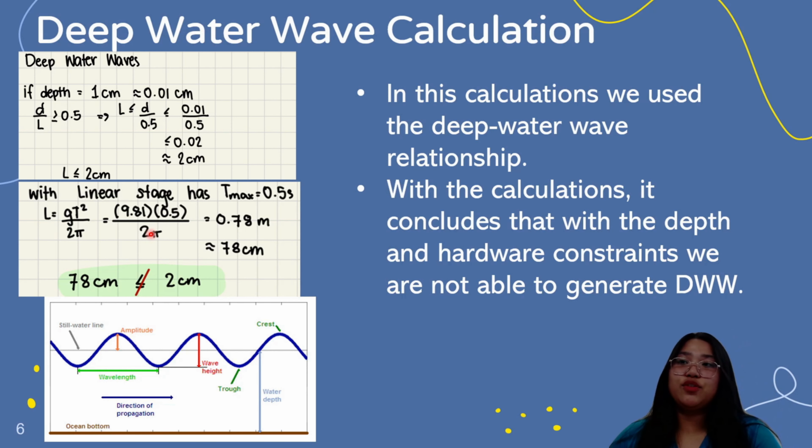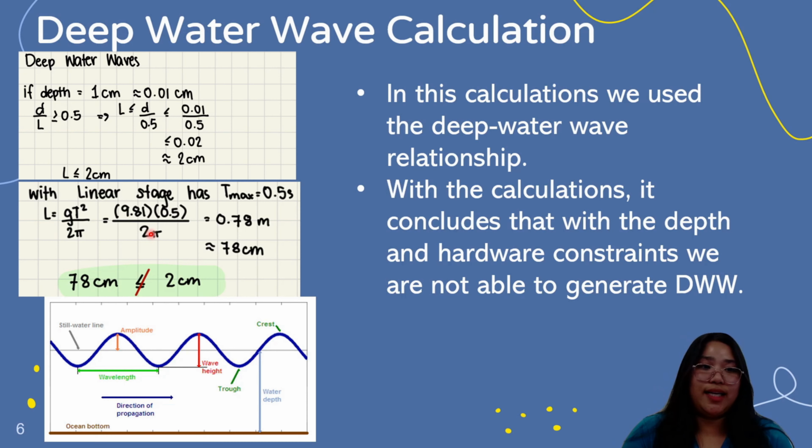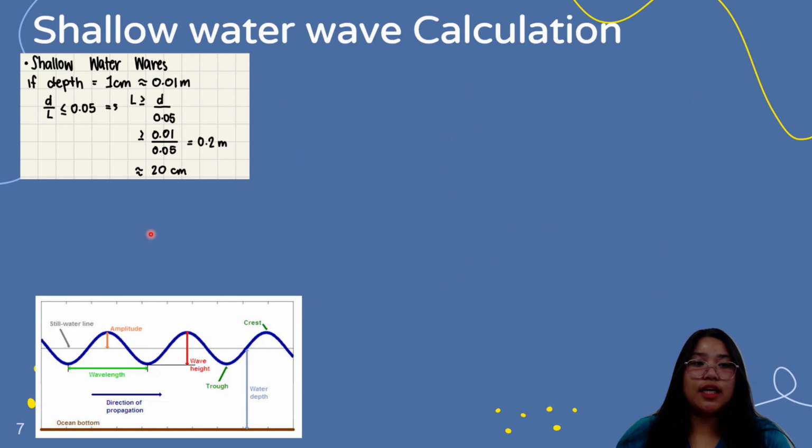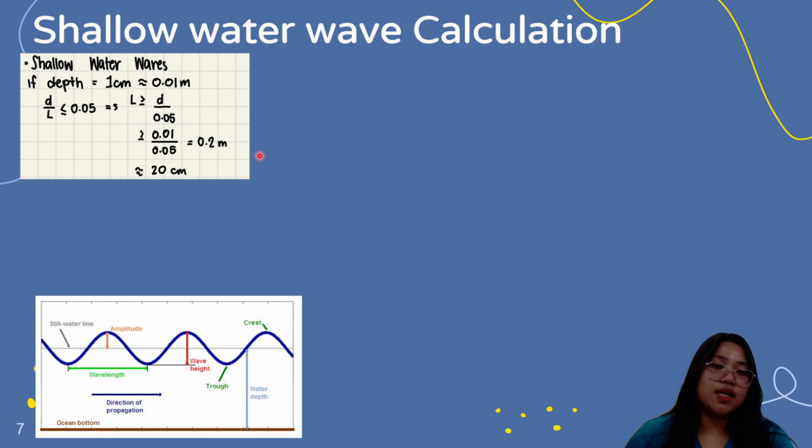So now we have to transition into generating shallow water waves and see if we can even generate them. For shallow water wave calculations, we used the same relationship. For shallow water waves, the ratio between depth over wavelength should be less than or equal to 0.05, and we found that the minimum wavelength for a shallow water wave should be 20 centimeters.